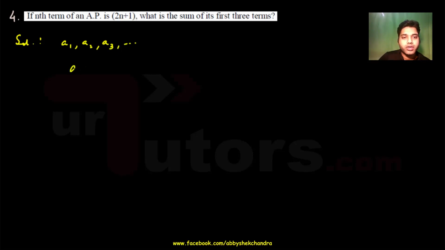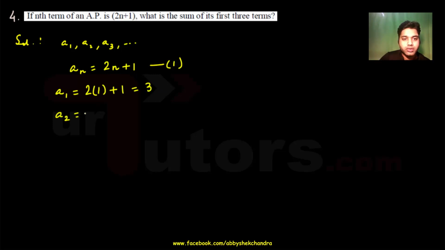Now what is An given to be? An is 2n plus 1, right? So can we find the first term A1? We just need to substitute n equal to 1 here. So A1 will be 2 into 1 plus 1 equal to 3.